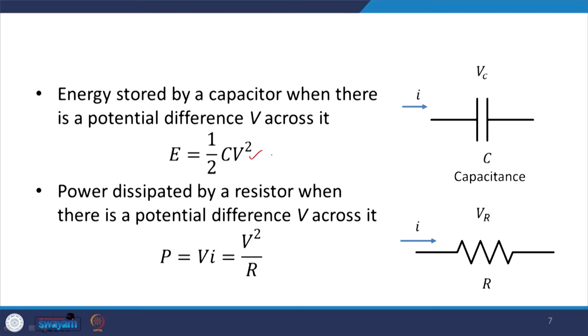I am not going into the derivation of these because you must have studied these in your earlier classes. The power dissipated by a resistor when there is a potential drop V across it is V into I, which is basically V square by R.